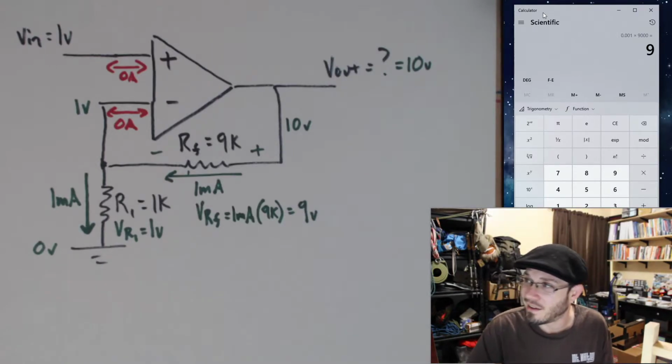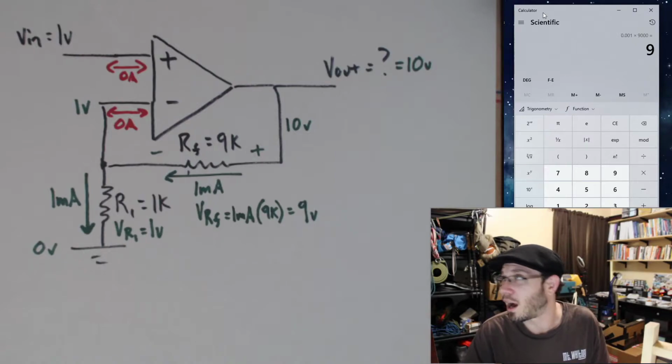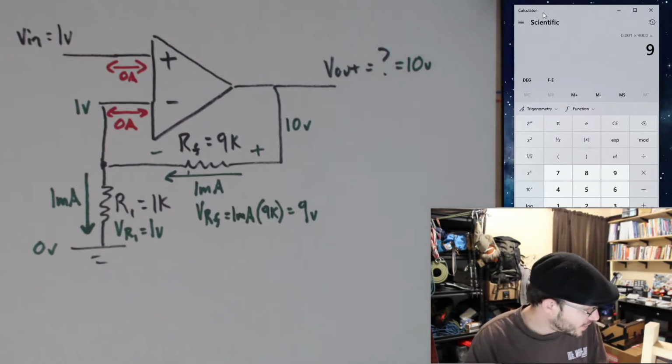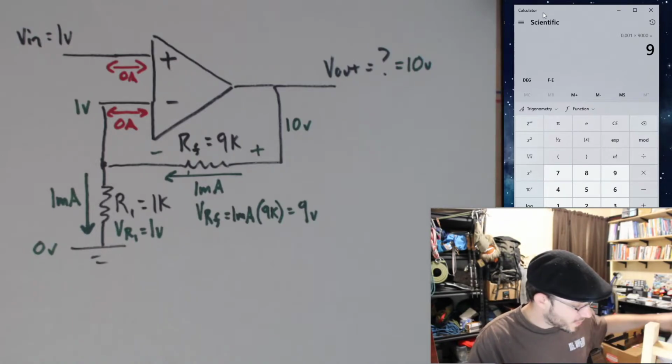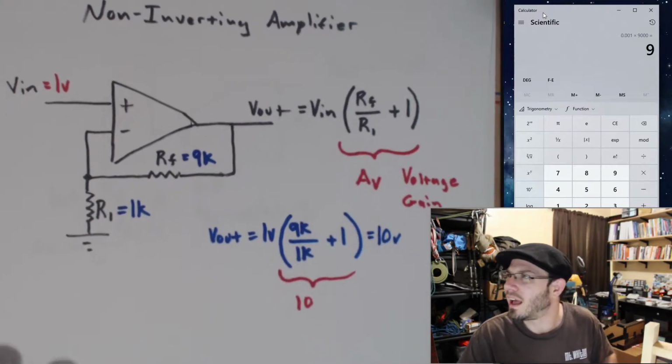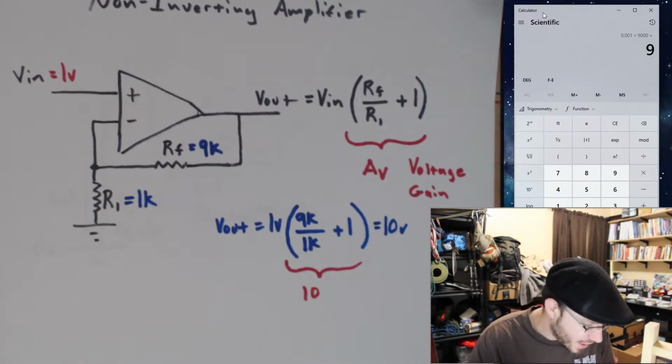So if you need a gain of anything higher than 1, you're good. Gain of 2, gain of 3, gain of 4.